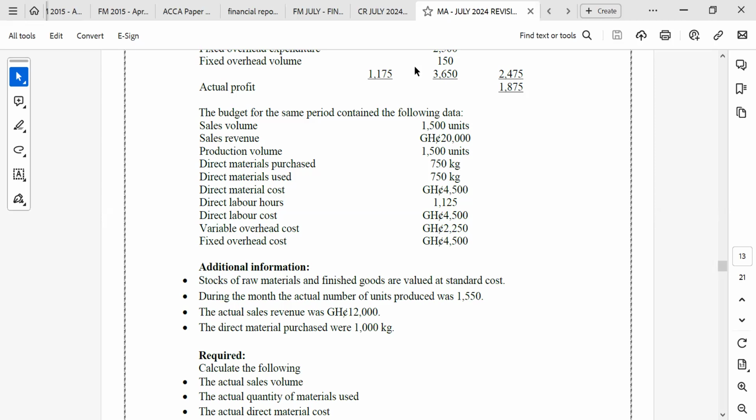Required: calculate the following: the actual sales volume, the actual quantity of materials used, the actual direct material cost, the actual direct labor hours, the actual direct labor cost, the actual variable overhead cost, the actual fixed overhead cost.